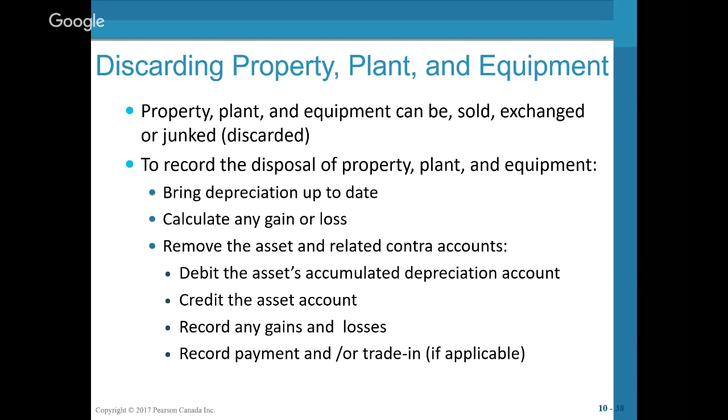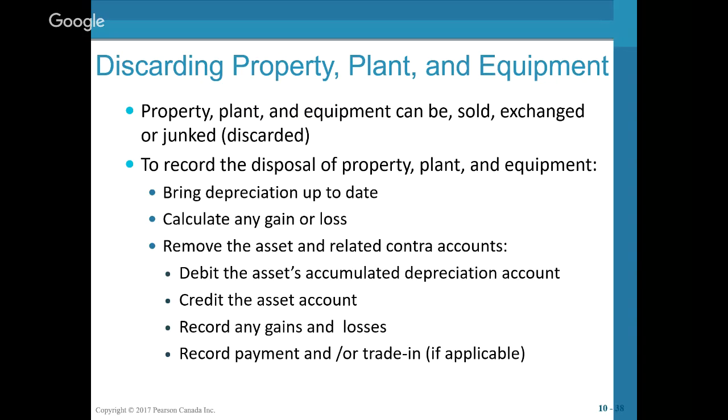How do we get rid of property, plant, and equipment? Well, we can either sell it, exchange it, or junk it. Now, if we're just getting rid of it, it becomes a really easy transaction. The idea is we're going to bring any depreciation up to date and then get rid of it. If we are going to sell the asset, we've got to work out what's called a gain or a loss. And again, we'll look at that in just a few minutes here.